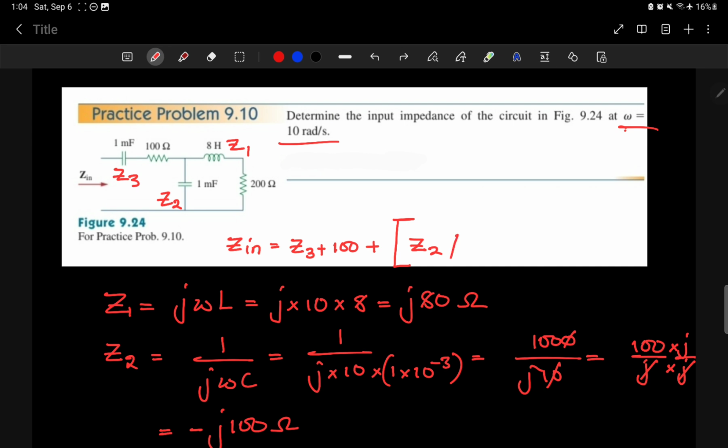That one will be in parallel with the series combination of Z1 plus 200. So I hope you've seen what I've done there. These 2 are in series, so they'll be added. Once they are combined, they'll be in parallel with Z2, and then once you combine these together, they'll be in series with those 2. So basically, this is what you have.